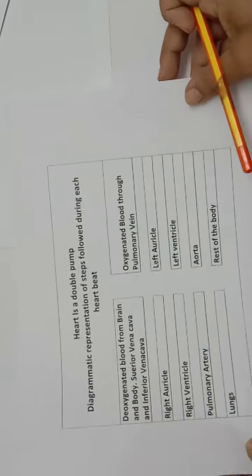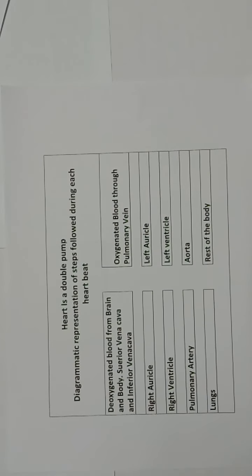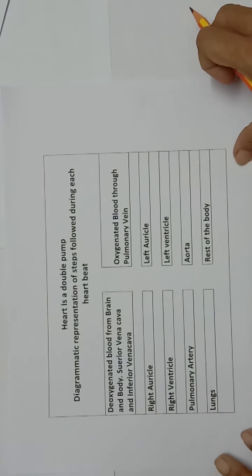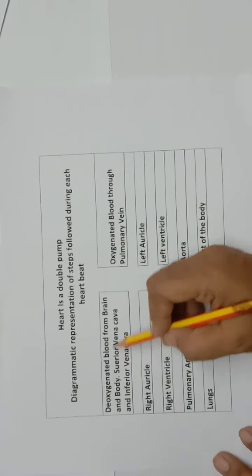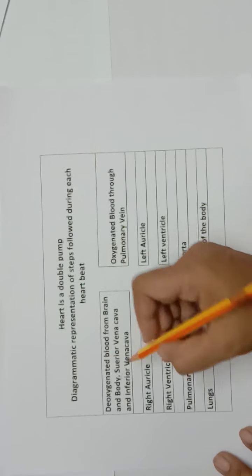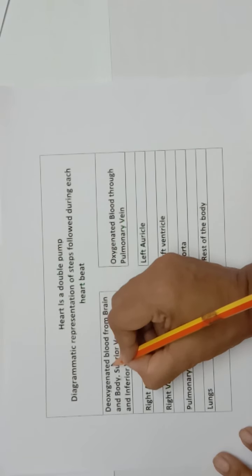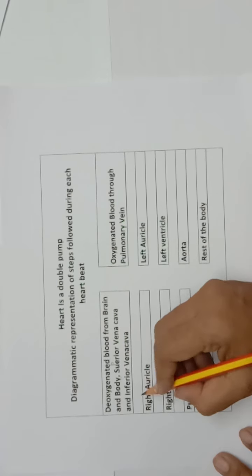Now we'll discuss how the heart acts like a double pump. Also I'll show you a diagrammatic representation of steps followed during each heartbeat. Let's see. Deoxygenated blood from brain and body, that is from the superior vena cava and inferior vena cava, enters the right auricle.